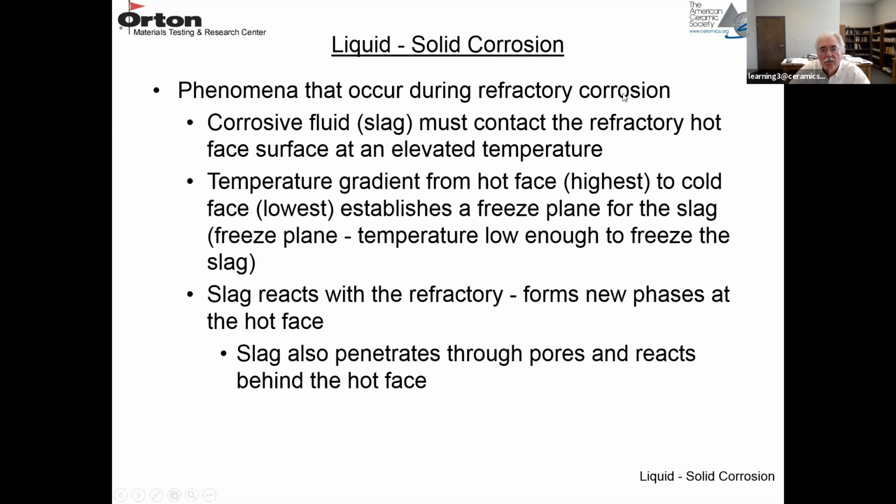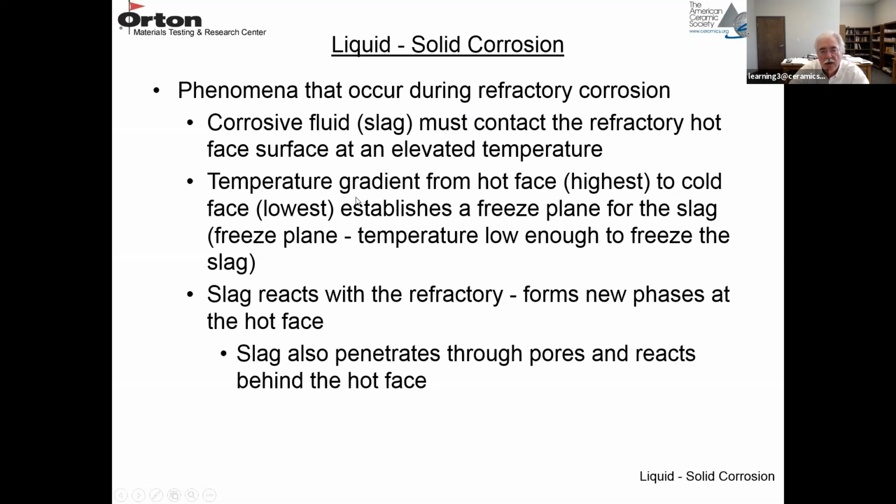So what happens during refractory corrosion? You have a corrosive fluid or a slag that contacts the refractory hot phase at some elevated temperature. You have a thermal gradient in the refractory wall from the hot phase, which is the highest temperature, to the cold phase, which is the outer surface, which has the lowest temperature.